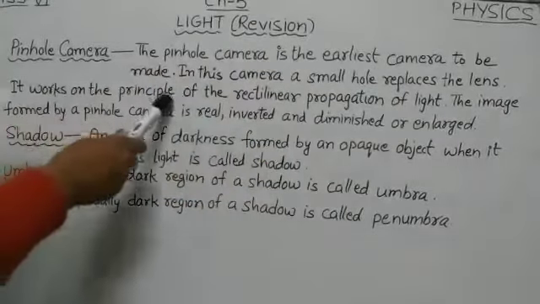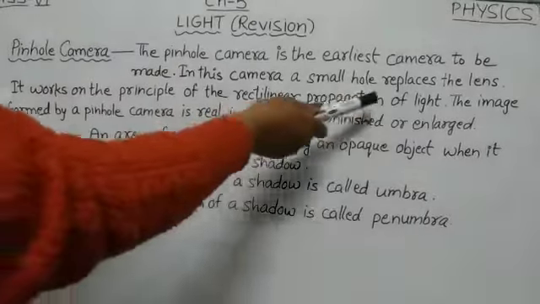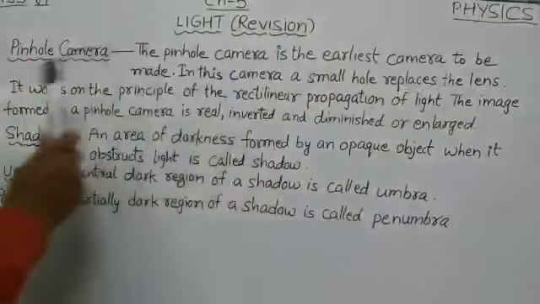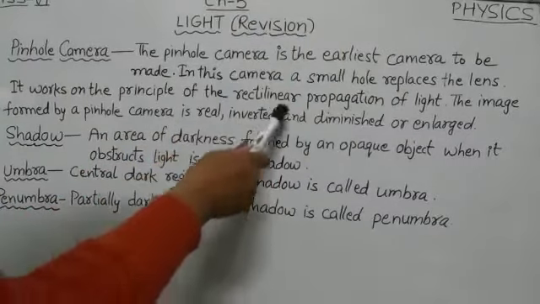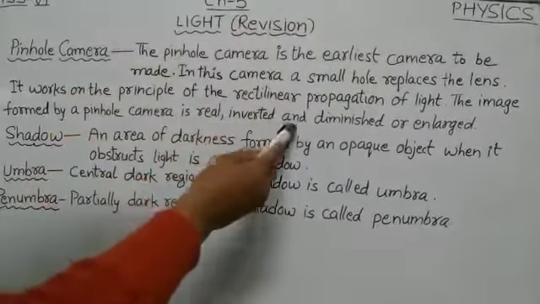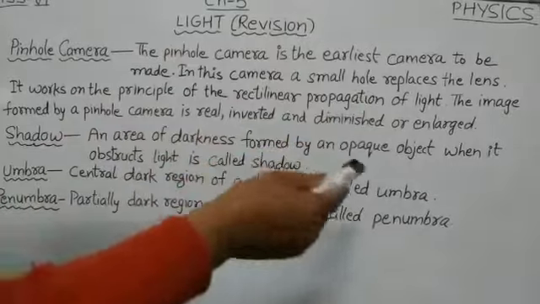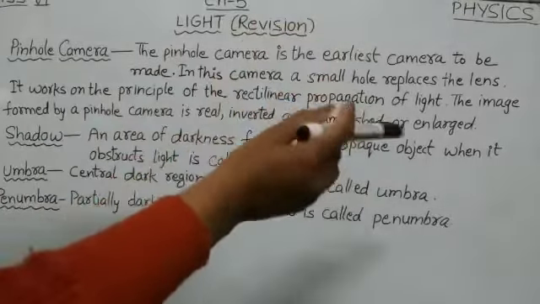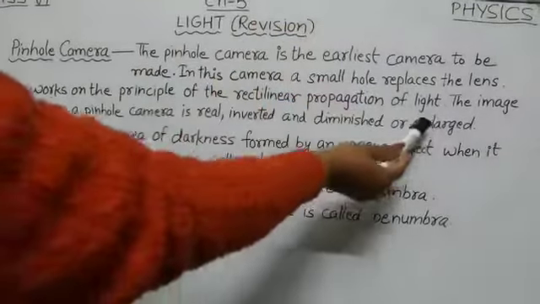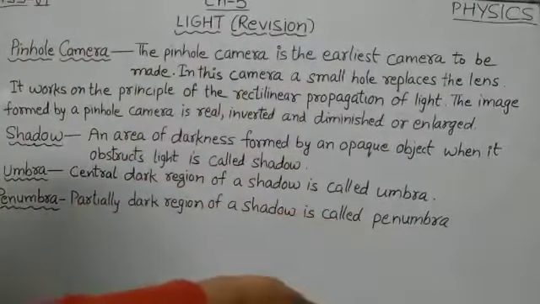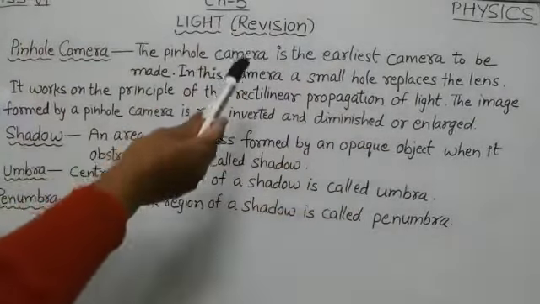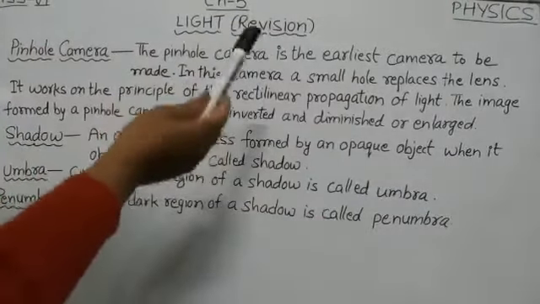It works on the principle of the rectilinear propagation of light. The image formed by a pinhole camera is real, inverted means upside down, and diminished means to make something smaller, or enlarged means to make something bigger. Okay, so this is the definition of the pinhole camera.